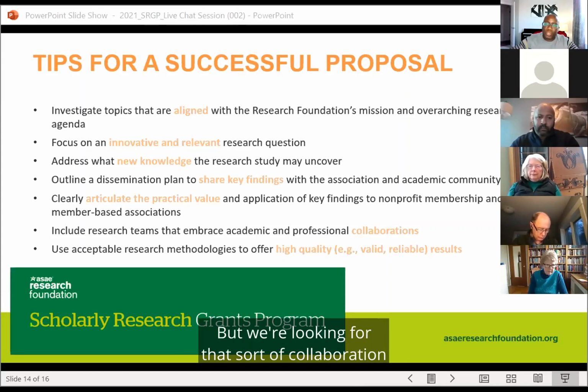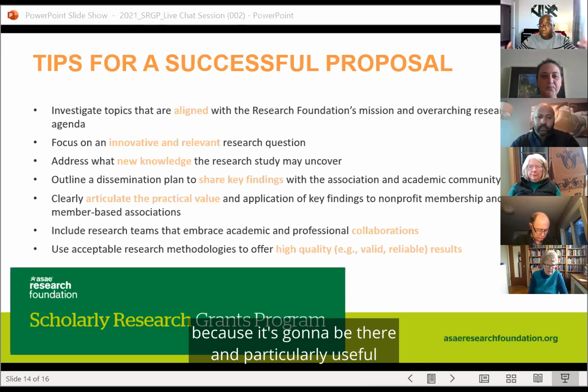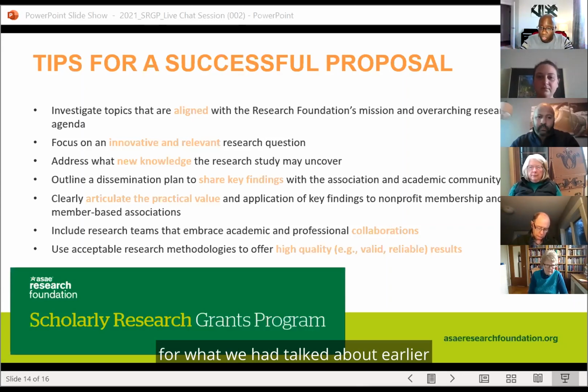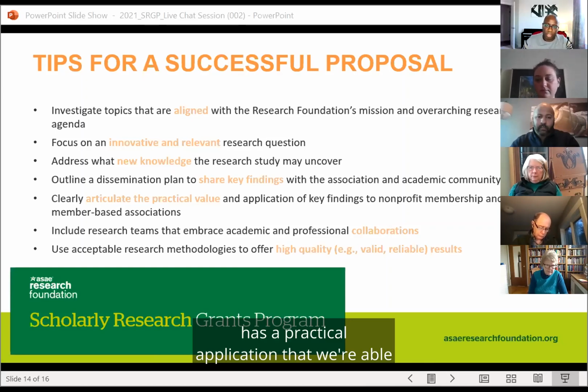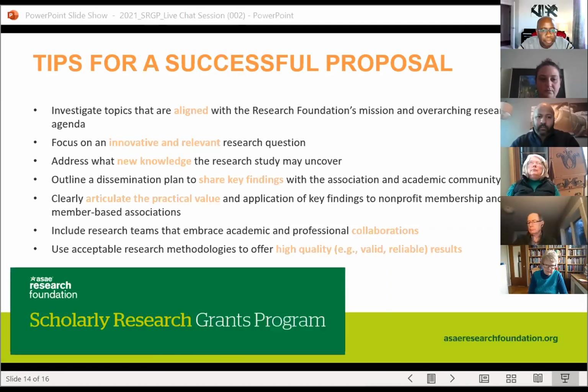We're looking for that sort of collaboration because it's going to be particularly useful for what we talked about earlier, which is that the research has a practical application that lets us draw connections back to everyday practice.